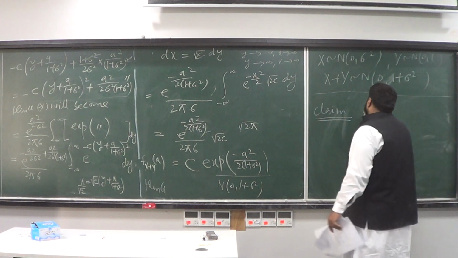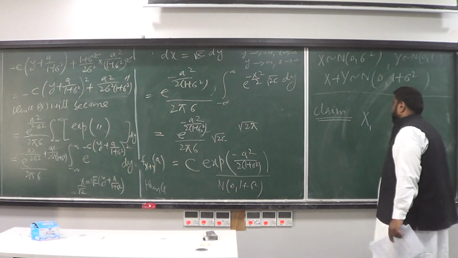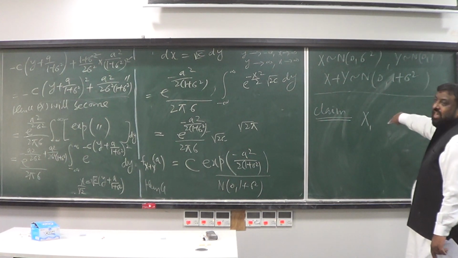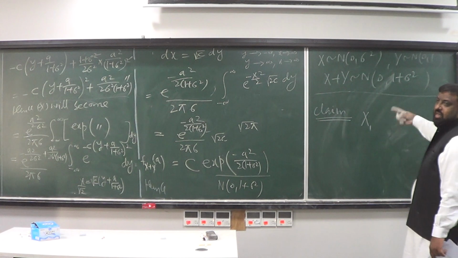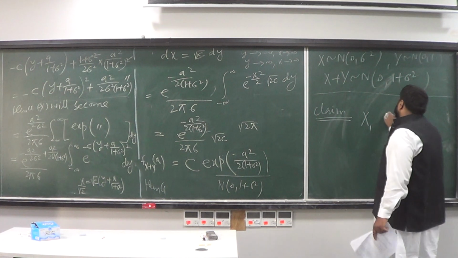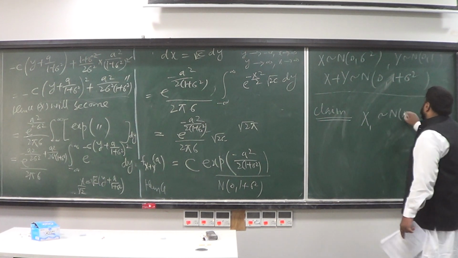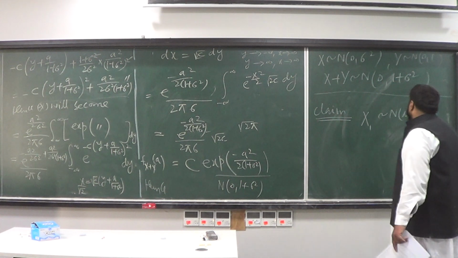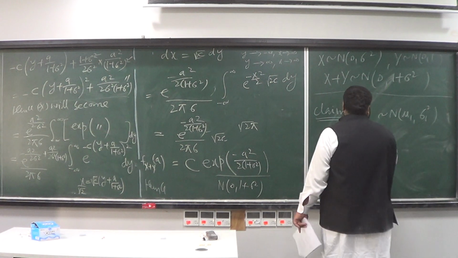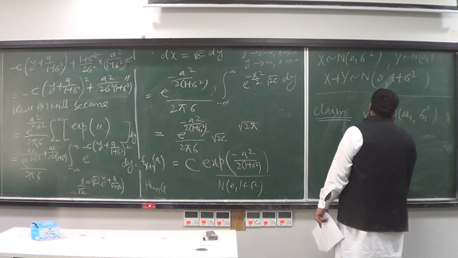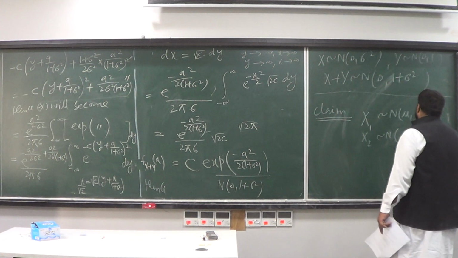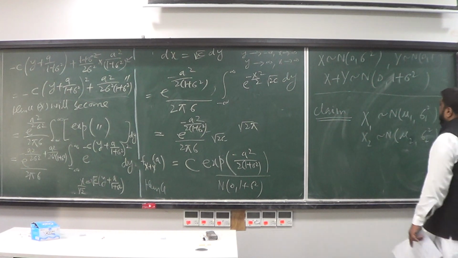For the sake of simplicity, to distinguish the random variables, let's not use x and y again. Let's use some other random variables here. Let x1 be a normally distributed random variable with mean mu1 and variance sigma 1 square, and x2 a normally distributed random variable with mean mu2 and variance sigma 2 square.